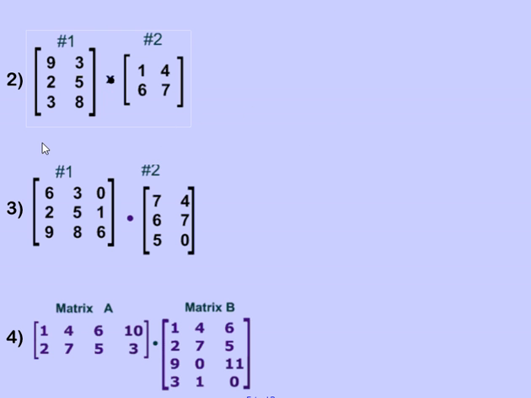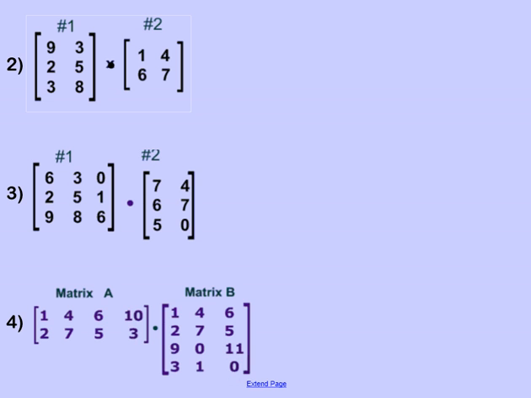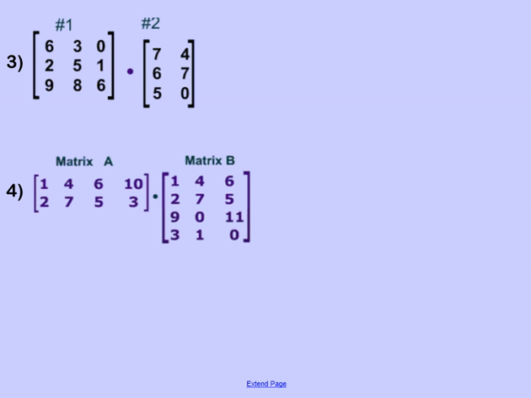Make an empty matrix that's the right size to put that answer, unless it happens to be one where you can't do it, maybe. I'm sure one of these 4 is going to be one that won't work.